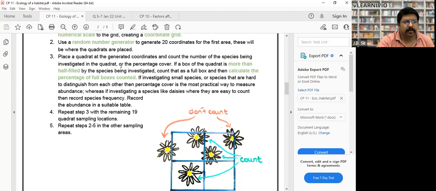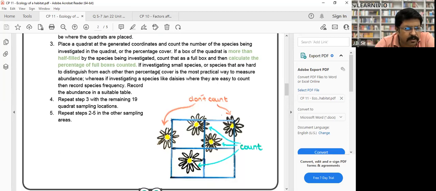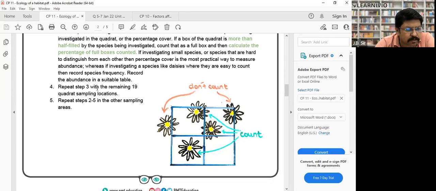Place a quadrat at each generated coordinate and count the number of the species being investigated in the quadrat, or a percentage score. If the box of the quadrat is more than half filled by the species being investigated, count the full box and calculate the relative abundance.